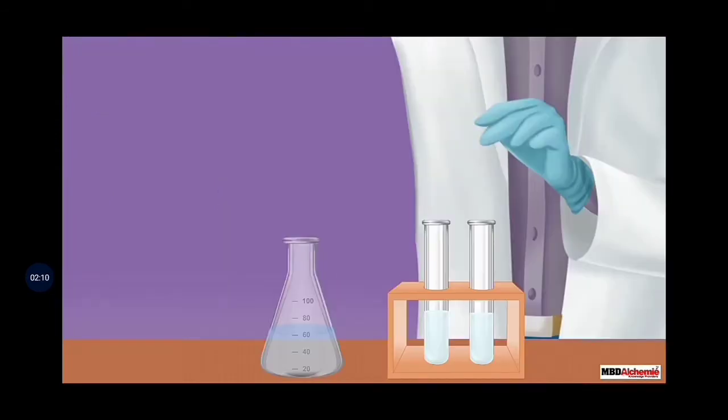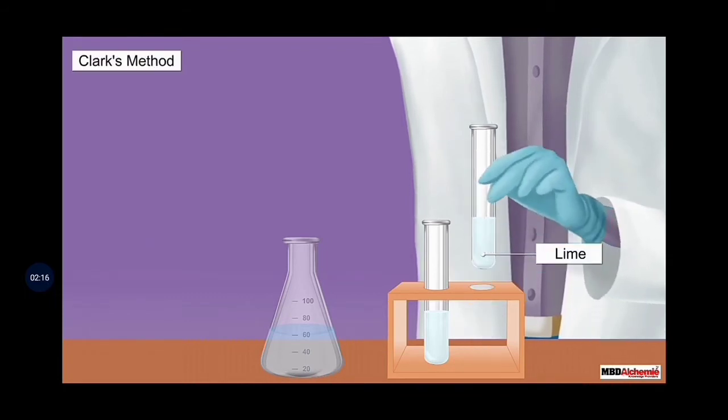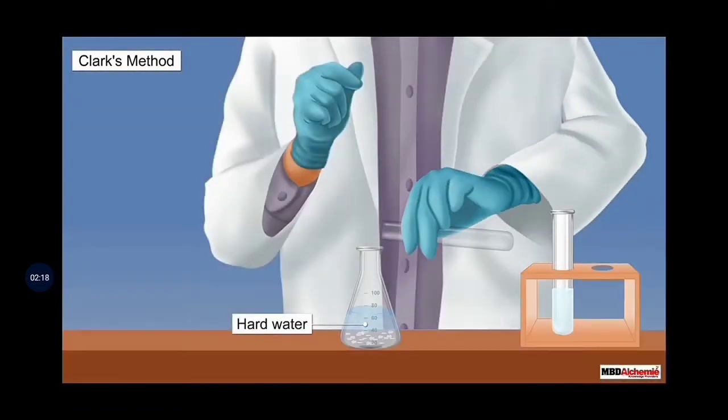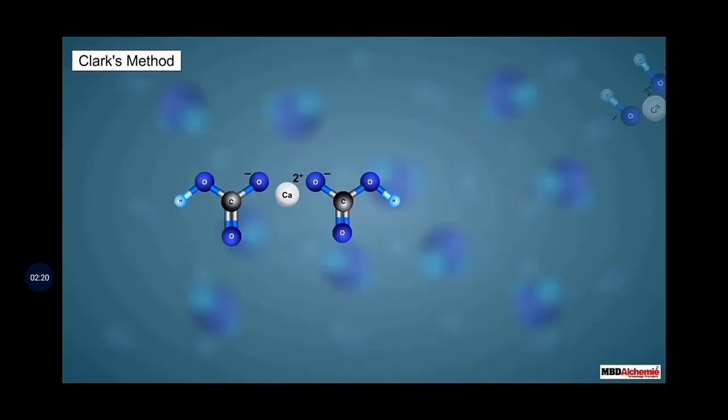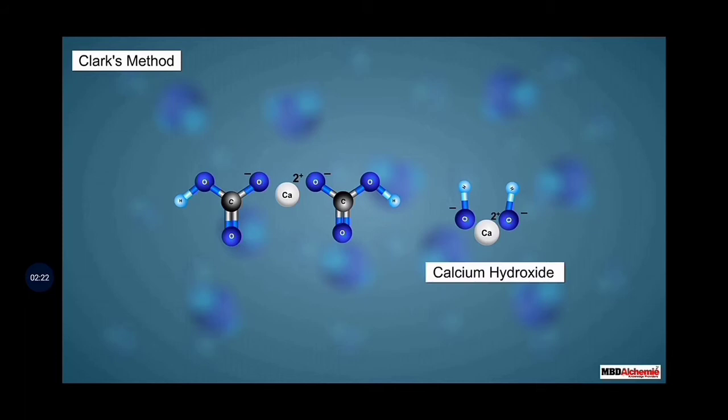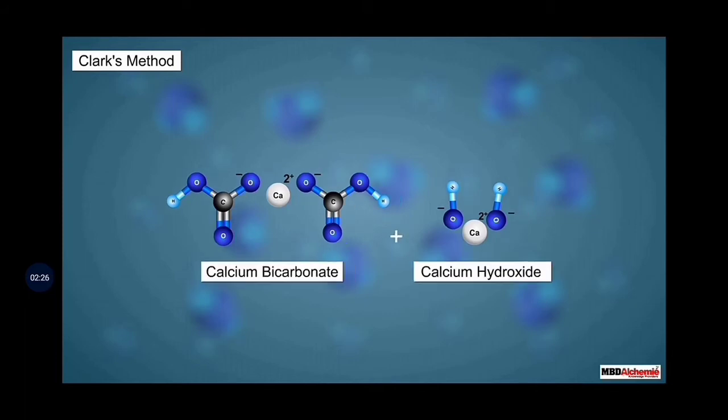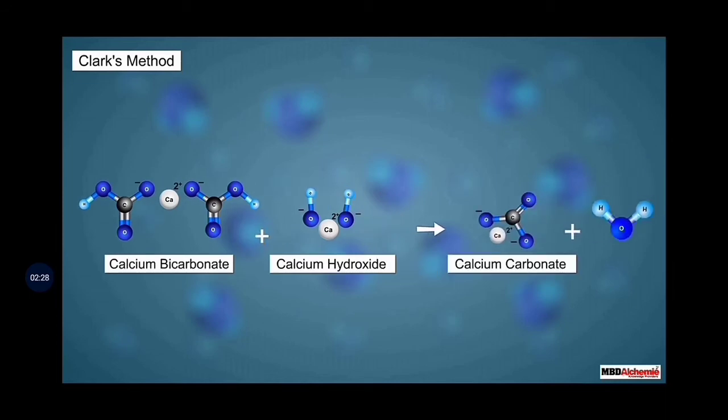Another method to remove temporary hardness of water is Clark method. In Clark method, some amount of lime is added to hard water. Lime, which is chemically calcium hydroxide, reacts with calcium bicarbonate to form calcium carbonate and water.